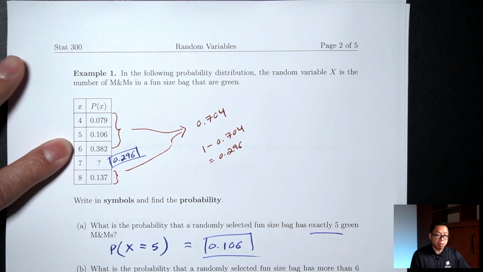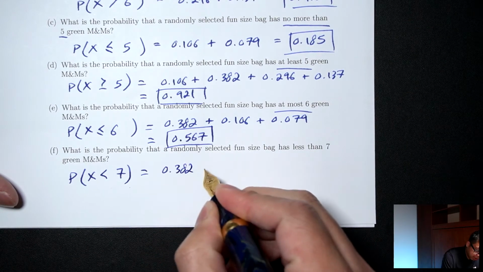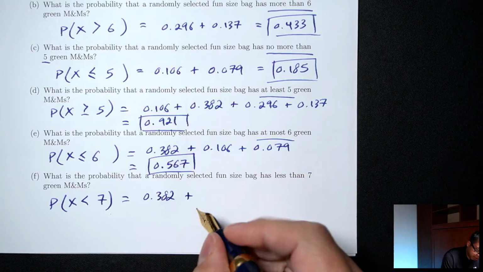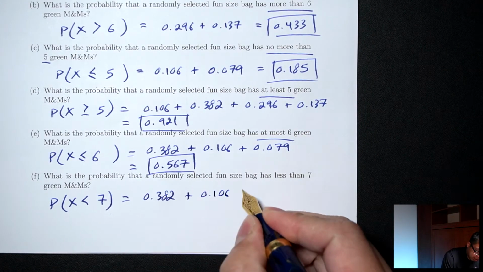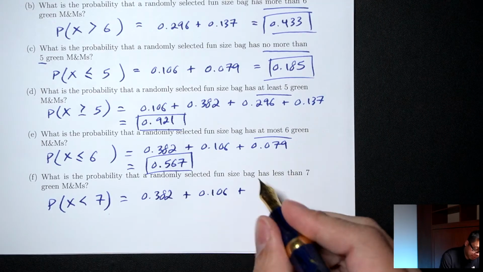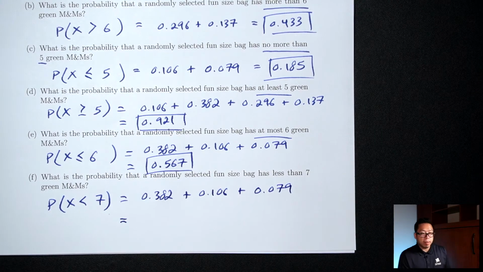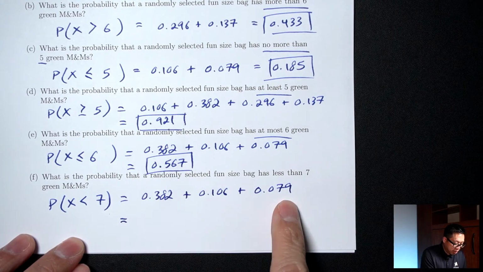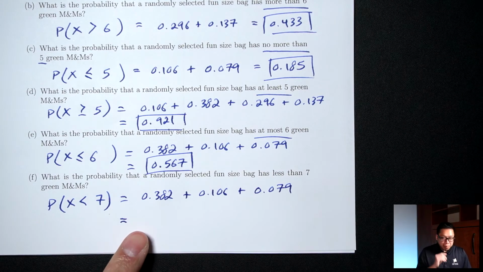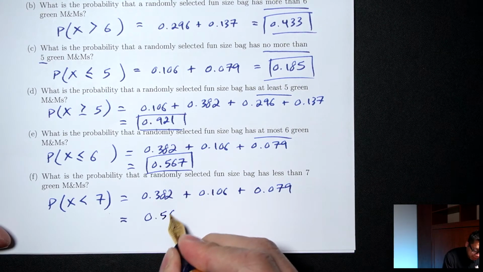So it'll be 0.382 plus 0.106 plus 0.079. And just by coincidence, these are the same 3 numbers that were in part E. So this is just coincidence. I don't need a calculator because it's just going to be 0.567.